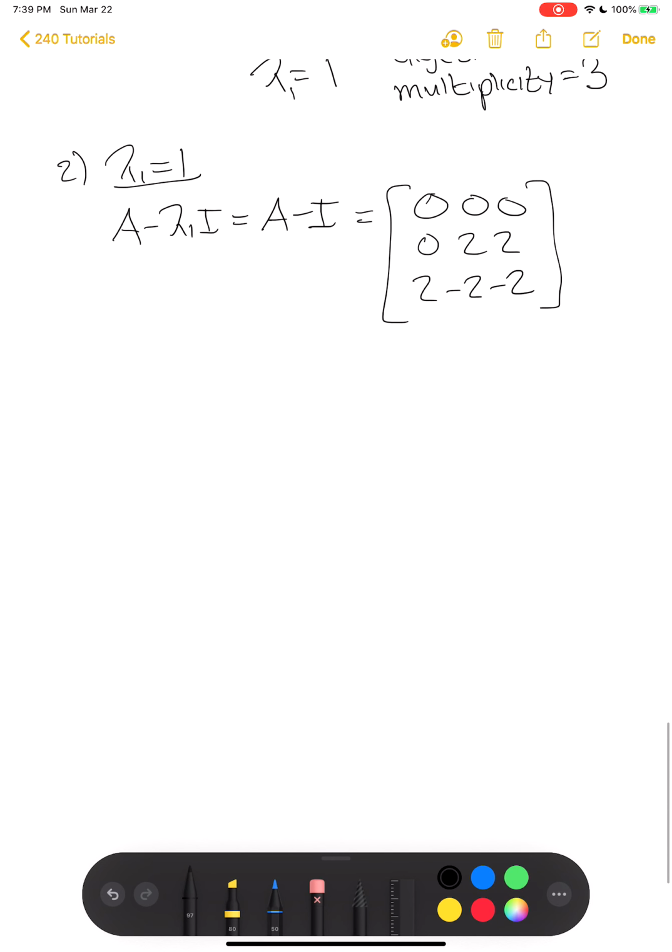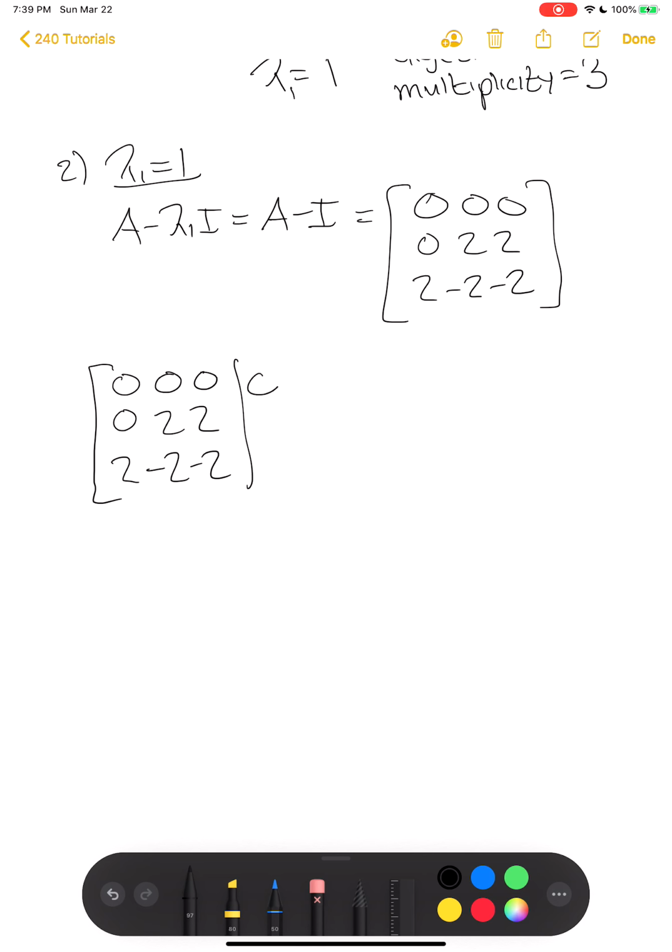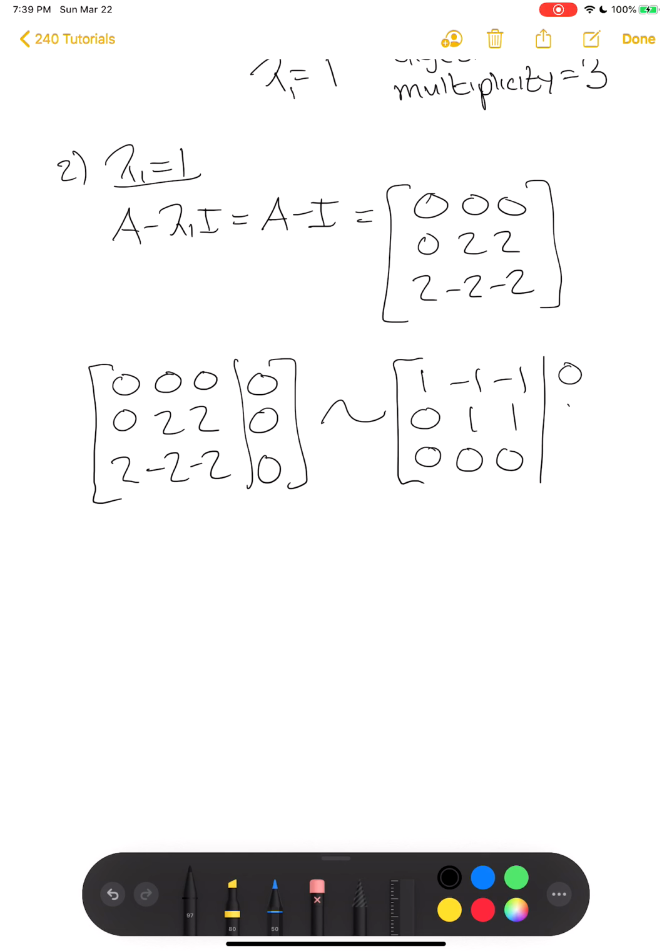All right, so just keeping with notation then, to find the eigenvectors, we're going to put it into an augmented matrix with zeros. And if this is a bit slow, sorry about that, but I want to be very thorough. And then we can row reduce and put it into a better form. So I'm going to divide everything by 2, move some rows around, and this is where we're at.